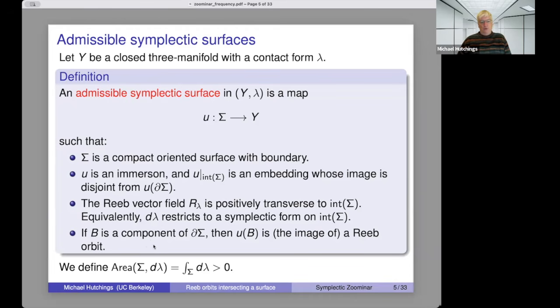I assume that for every boundary component of sigma, its image under this map is the image of some Reeb orbit. It could cover some Reeb orbit multiple times, but it's a Reeb orbit. And I define the area of the surface to be the integral of d lambda over the surface, so that's some positive number.